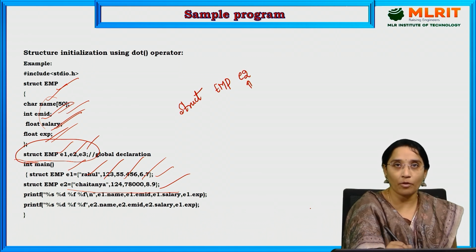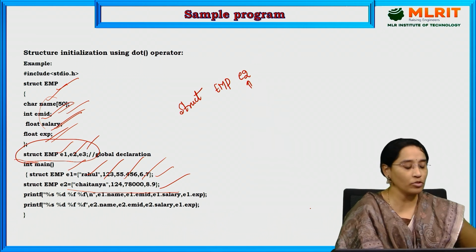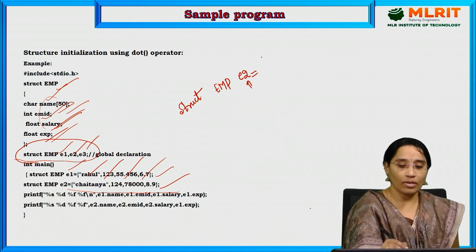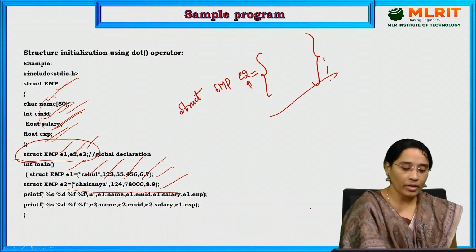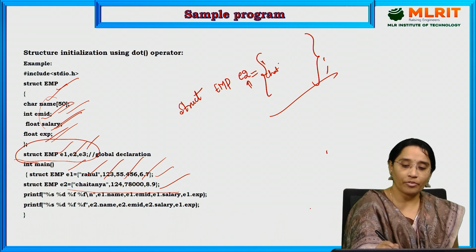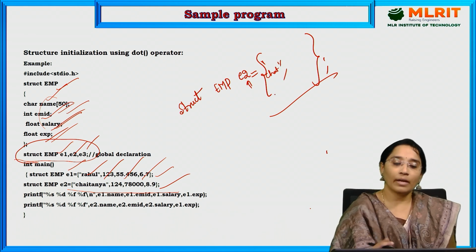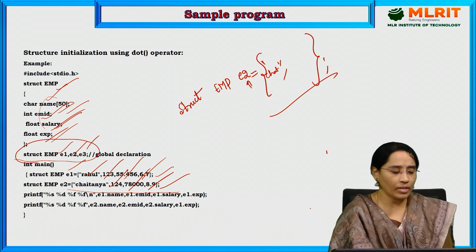With the help of the variable and using the dot operator, you can access the members of the structure. This is compile time initialization. Here the name is obviously a string, so you have to include it in double quotes. Again ID, salary and experience of that particular employee.